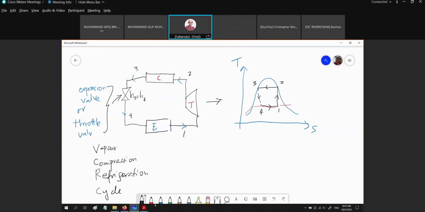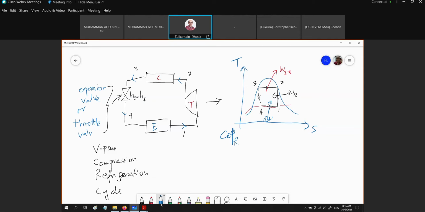Now, of course, the work input here is 1 to 2, same formula, H2 minus H1. And then the heat rejection here is from 2 to 3, H2 minus H3. And then the Q absorbed in the evaporator is 4 to 1. So if we look at the formula of COP for this refrigerator, we cannot use the reversible one.